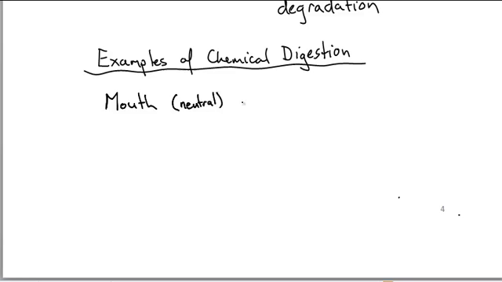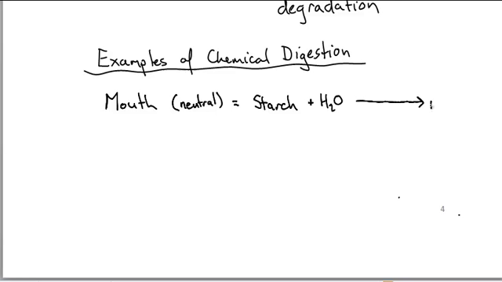So in the mouth, where it's neutral, we have this form of chemical digestion. We start out with starches or complex carbohydrates, plus water. So this is a hydrolysis. The examples I'm going to give you are hydrolysis, but there's others out there.